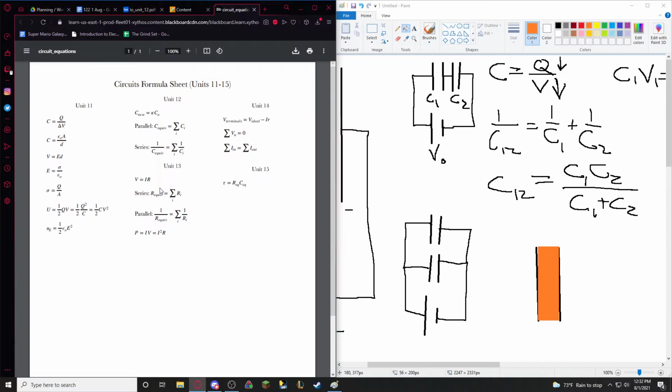So, if the electric field decreases, theoretically, what would happen with the energy? The energy would have to decrease if the electric field decreases.